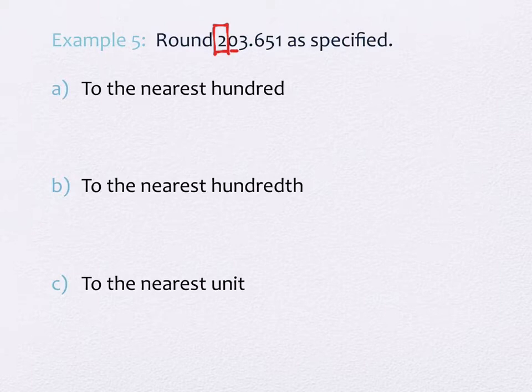It's a 0. So what would I do because that's a 0? I'd round down. So 203.651, what will it become? It'll become 200. What if that 0 were a 7? It would round up, and what would I get? We get 300, right?